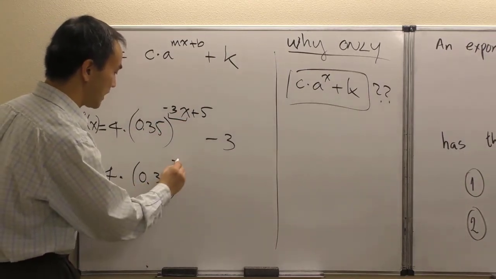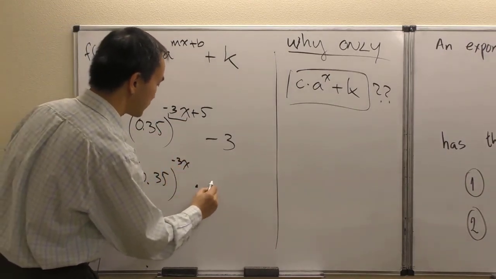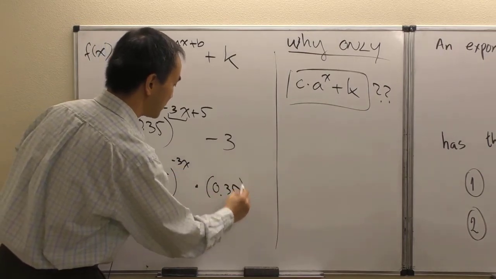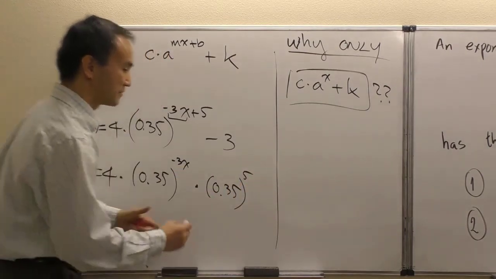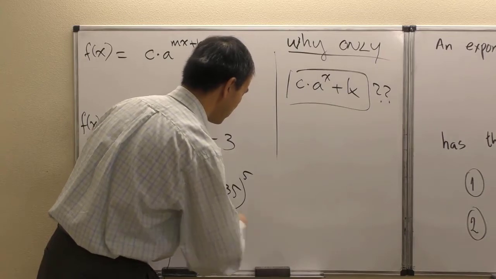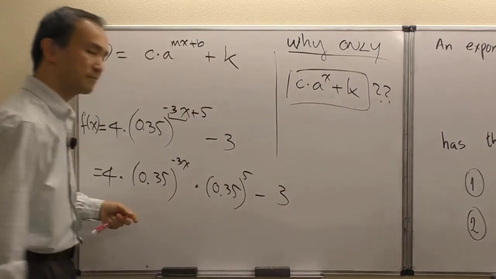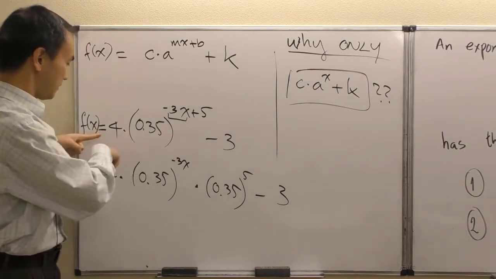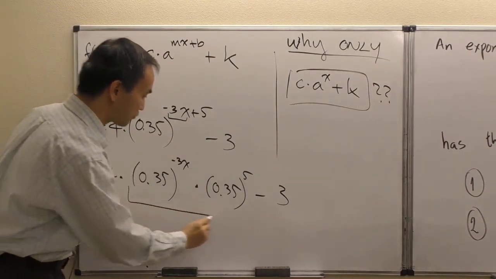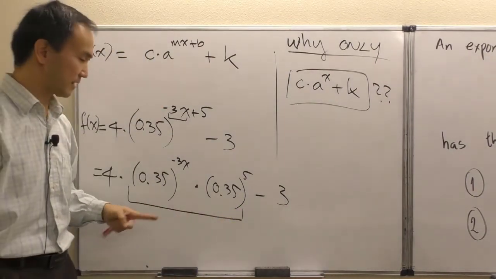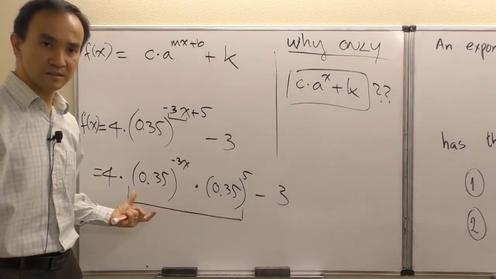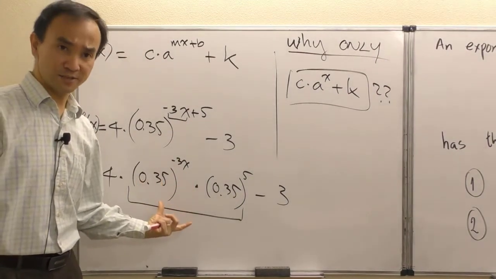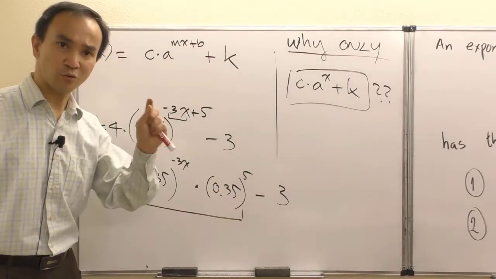0.35 raised to the negative 3x times 0.35 to the 5th power, and then minus 3. I moved from this step to that step. I only broke that down to that part right there, but it completely aligns with the rules of algebra, the rules of exponents.